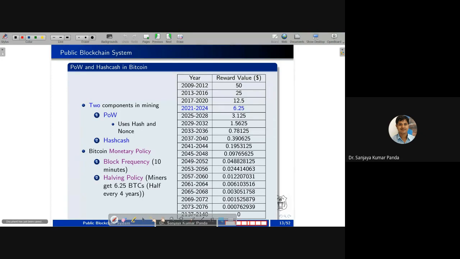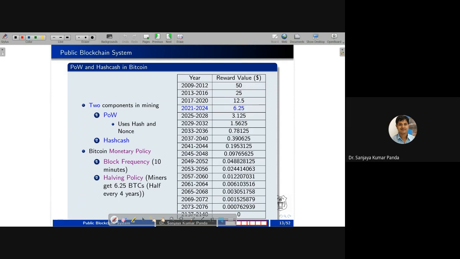Now you can see, if you look into this particular chart, this is showing a monetary policy, right? If a miner is going to verify a particular transaction, the first miner has to get a reward, right? How much reward the miner gets depends upon this particular table. That's why the monetary policy is divided into two parts.